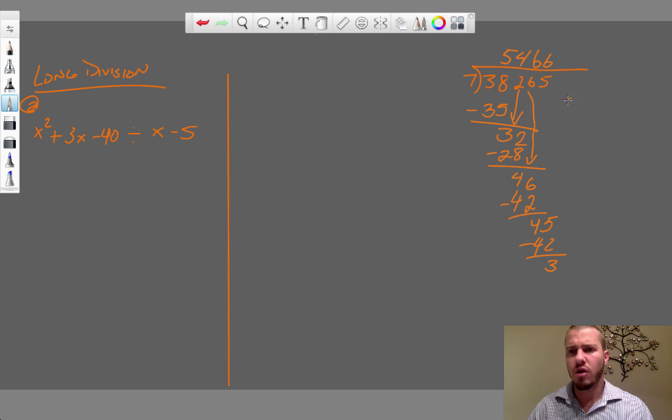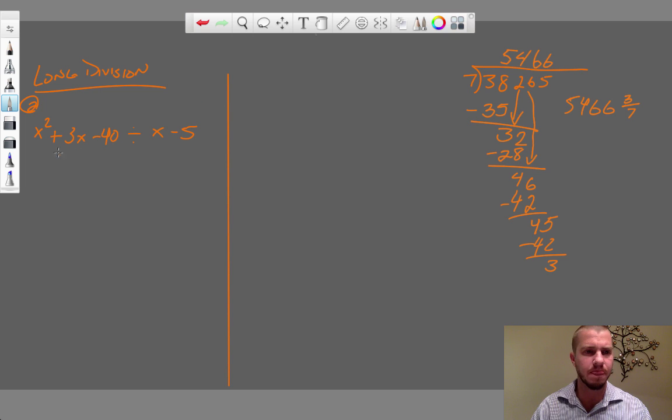So there are 2 ways you can write the remainder. It becomes 5,466 with the remainder of 3, or you can write that as a fraction, 3 over your divisor of 7. Okay, so we're going to be writing it as a fraction.